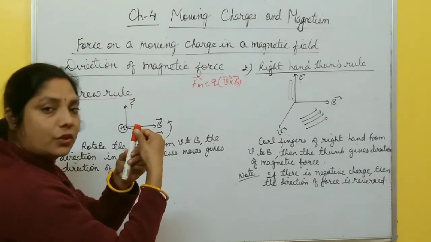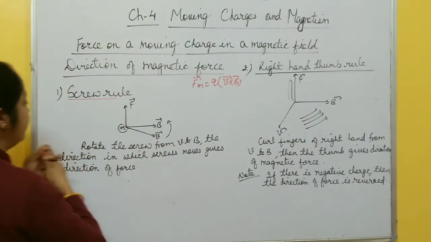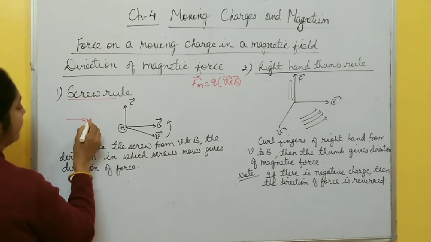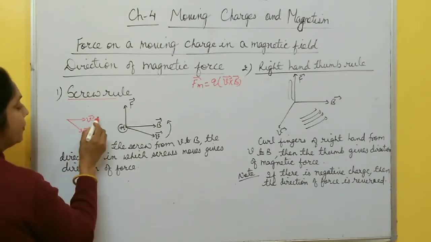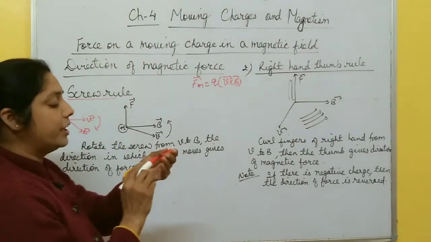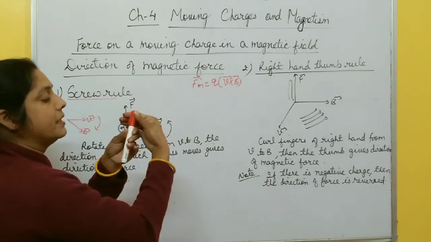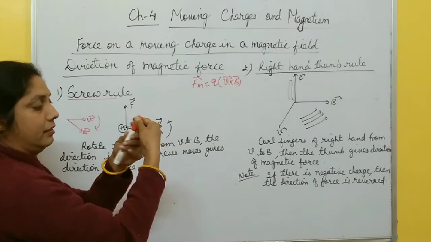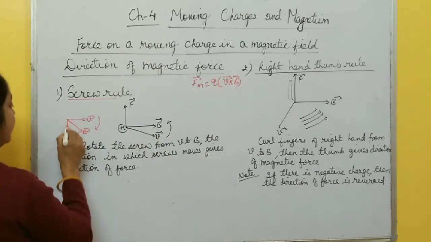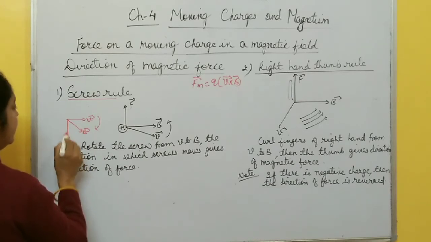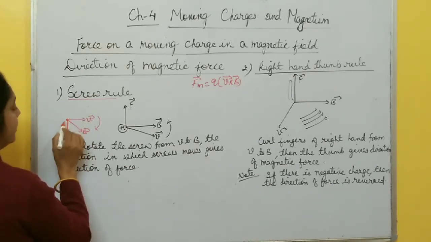If the rotation is clockwise, suppose V is this side and B is this side, then the rotation is clockwise. Clockwise rotation gives the direction of magnetic force as downward or inward, like this one.